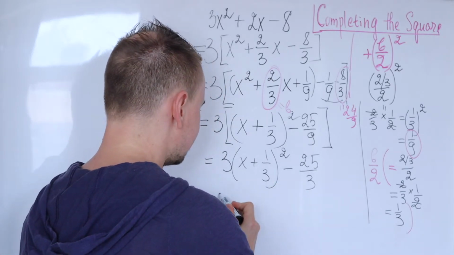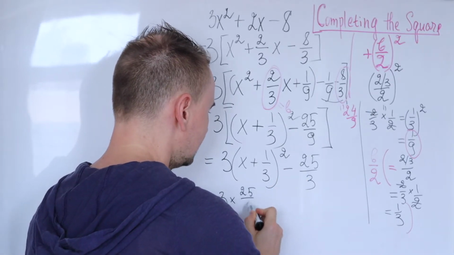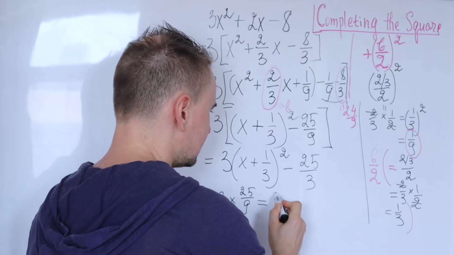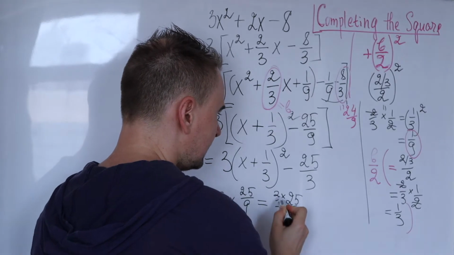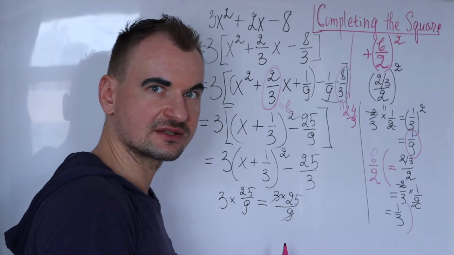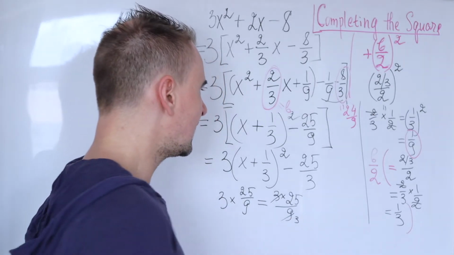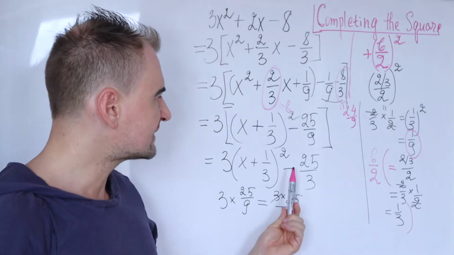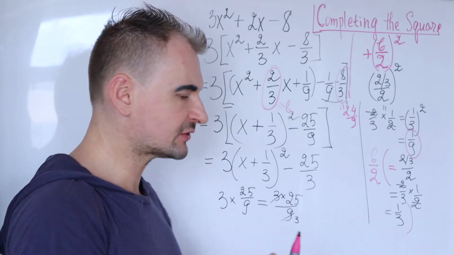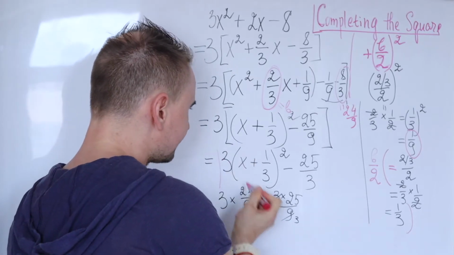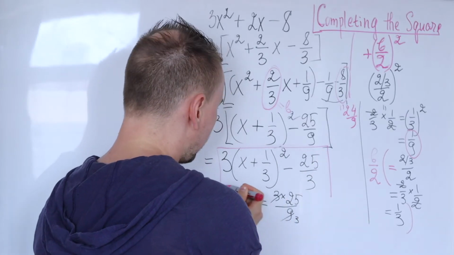When you multiply 3 by something, let's say 25 over 9, this number goes on top, and you could simply cancel, since 3 goes into 9 3 times, you are left with negative 25 over 3. And we are done. Congratulations. So this is your completed form for that trinomial.